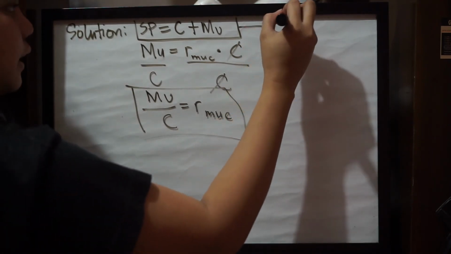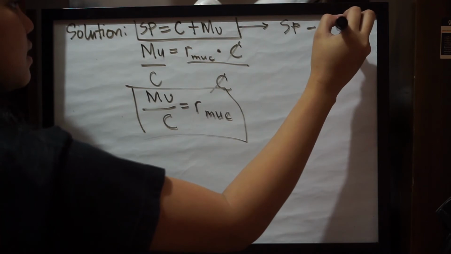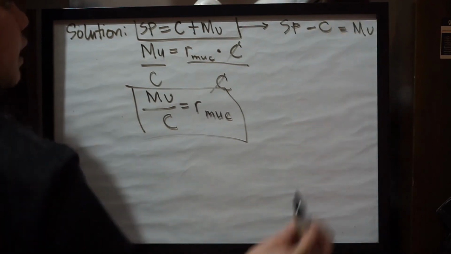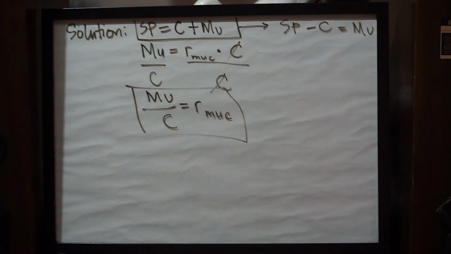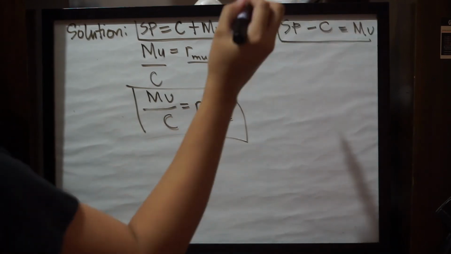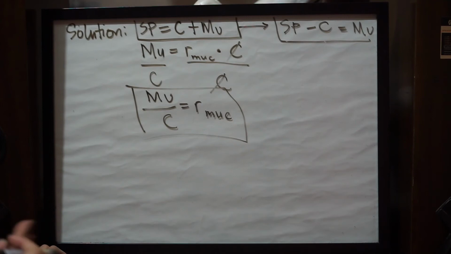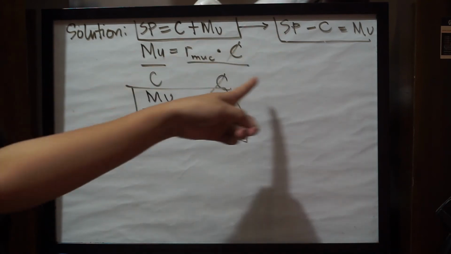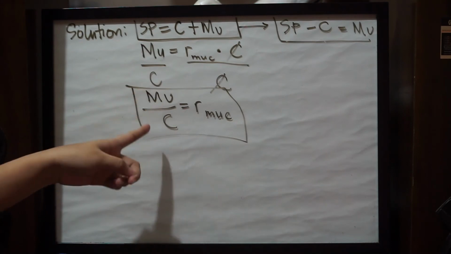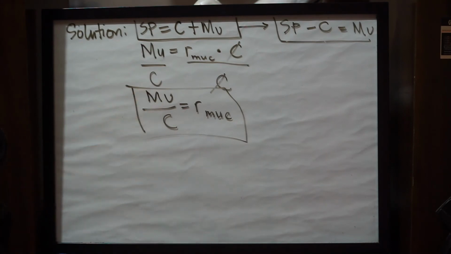So, magkakaroon tayo ng SP minus C is equal to the markup. Para makapag-solve tayo ng markup using selling price and the cost. Kasi yun yung given value sa ating problem. So, no need to show the derivation ng markup and rate of markup. You can directly use this to derive formulas. So, kindly take note of those formulas.